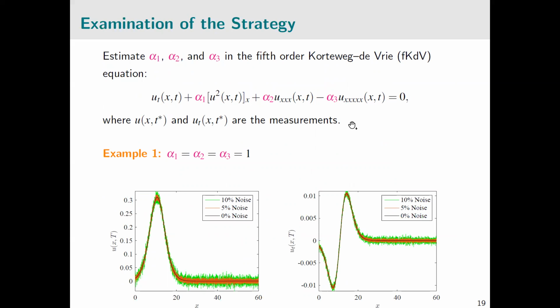In the first example, we assume that the alphas are all equal to 1. So we have this type of measurements, which I'm showing here, with 0, 5%, and 10% noise. Based on the measurement support, we used the strategy to construct modulating functions.